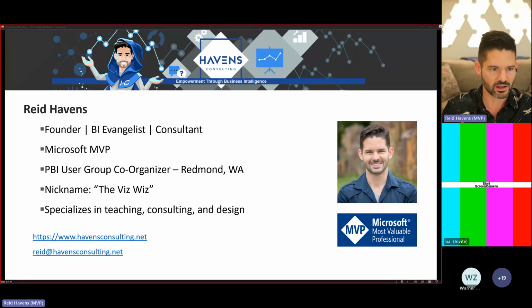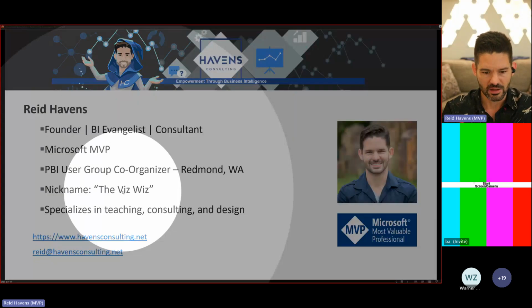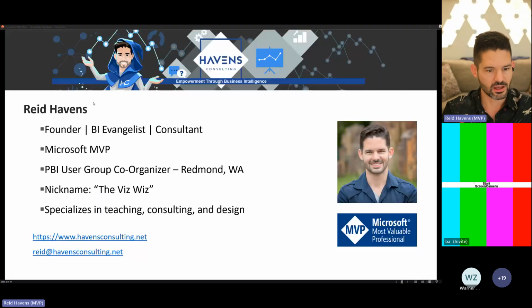And one thing that I've found over the years is a lot of the passion that I have is with best practices and design around reporting, especially. So like a lot of other MVPs, I'm kind of end to end. I do everything from modeling to service configurations and development, training, anything in between. But my passion largely involves visualizations, hence the name VizWiz that you can see here on the screen itself.